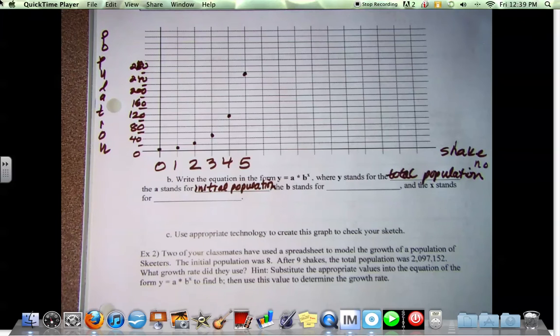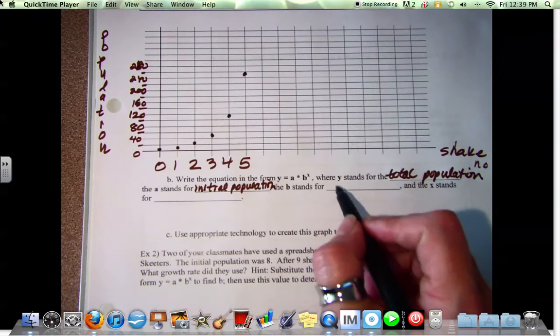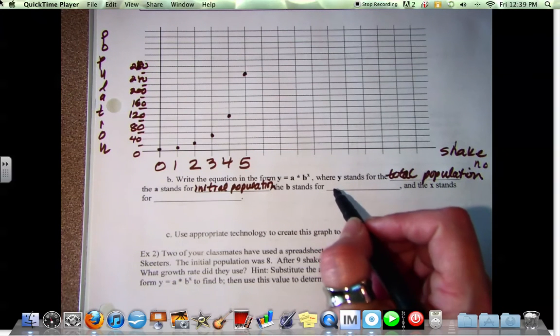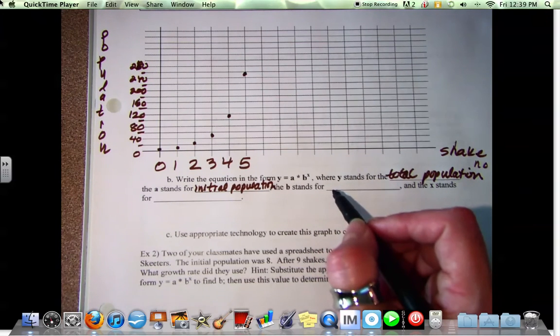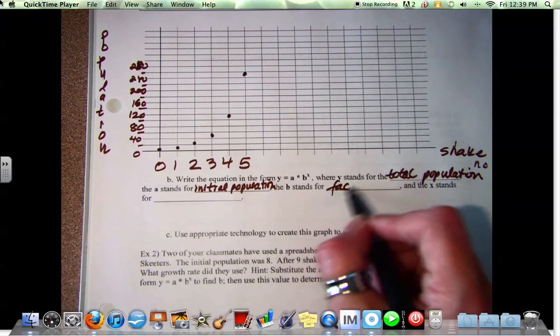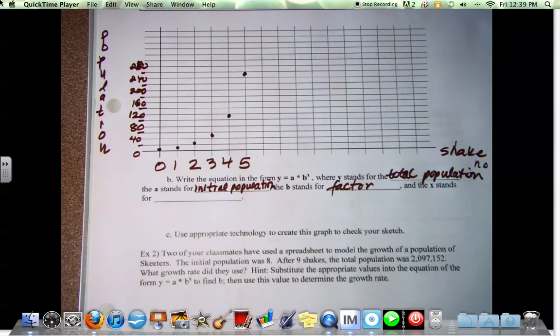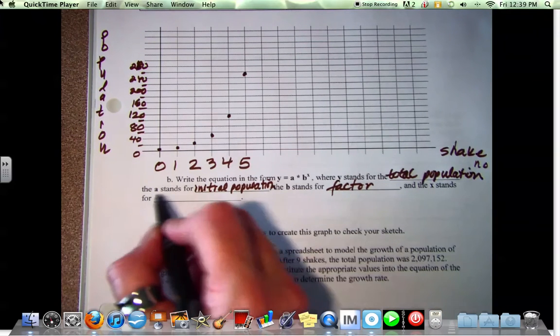The b stands for the net growth rate factor. Very good. And the x stands for the shake number. Nice.